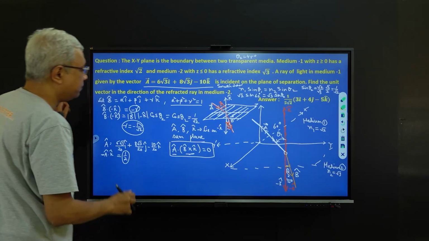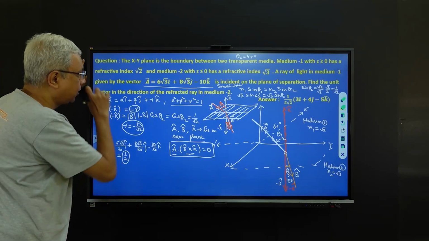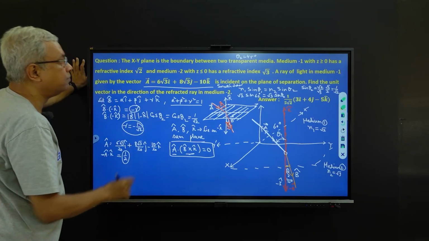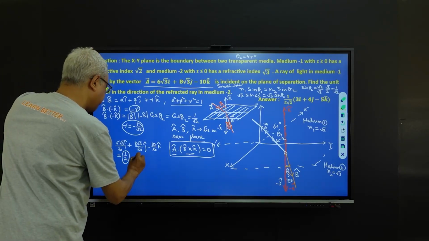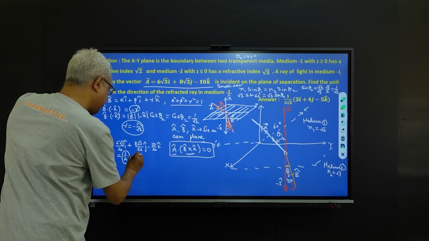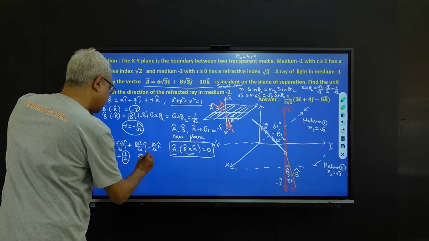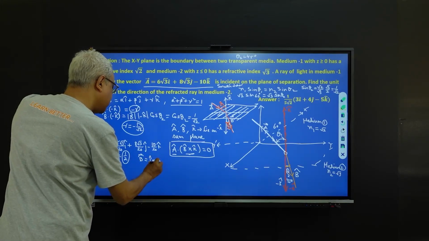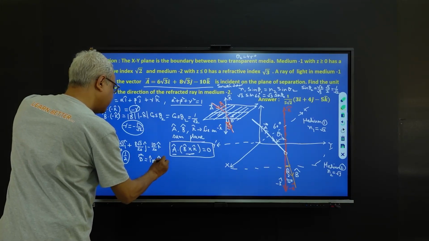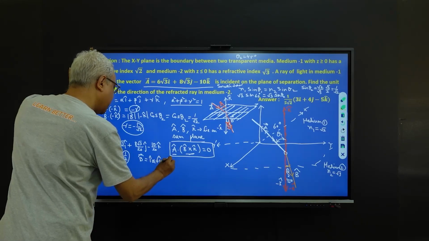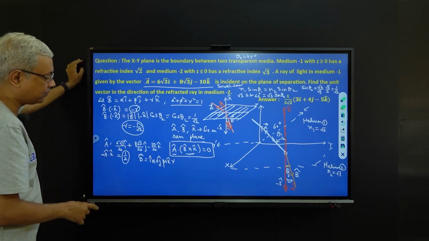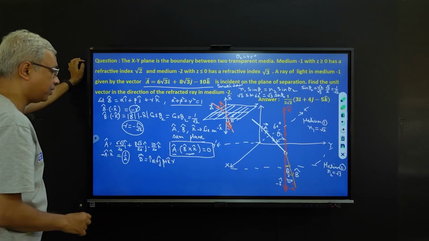So b cap cross k cap is how much? B cap we have already found. We have assumed b cap is i cap alpha plus j cap beta plus k cap gamma.